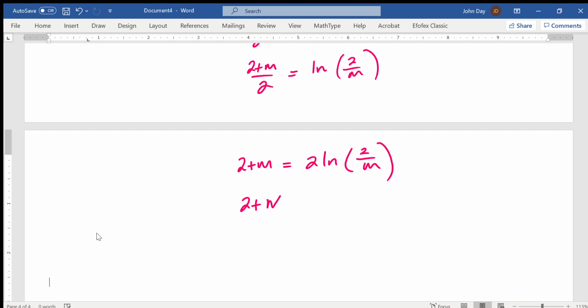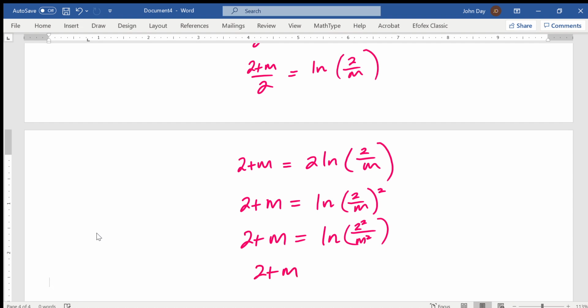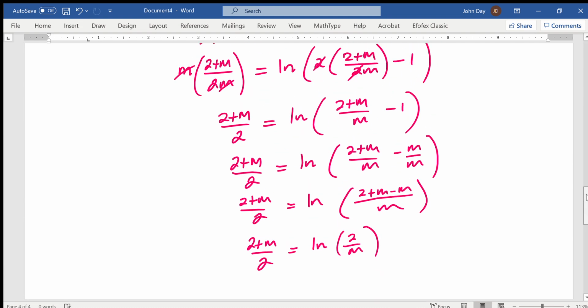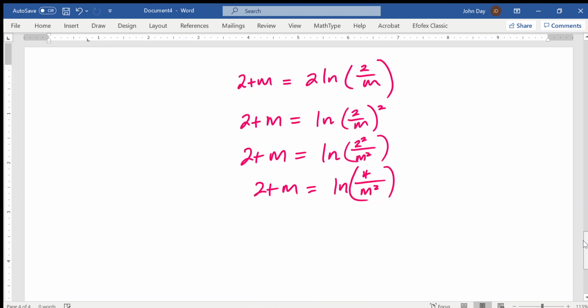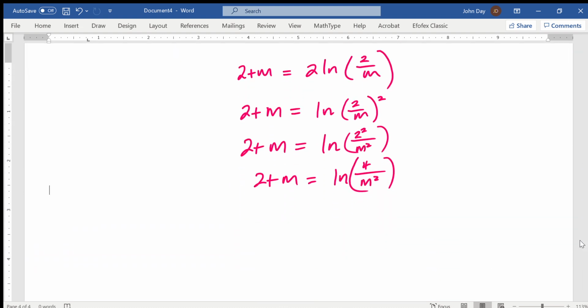So now let's use that rule with logs that says if there's a number out the front, it comes up and becomes a power. And then let's actually square that fraction. So 2 squared on m squared. So 2 plus m equals natural log of 4 on m squared. Just go and check if that's what they wanted. Yeah, so they wanted us to look at the point from those two different points of view.